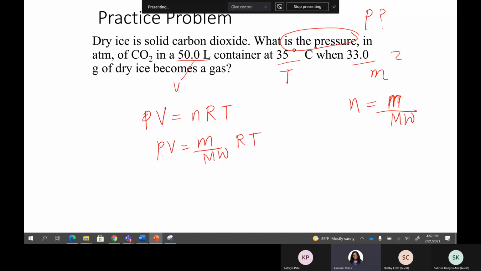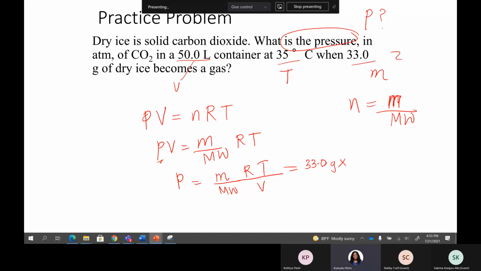Okay, so we're looking for the pressure. So let's rearrange this. P equals mass over molecular weight, R, T, and V. Okay, now let's plug in all these values. Mass is 33.0 grams.